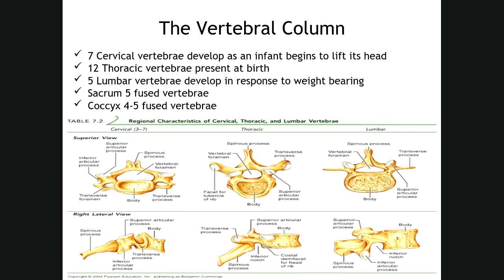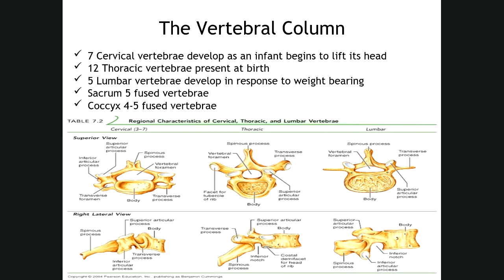As you see here in the picture at the bottom, the shape of each vertebra changes to reflect the amount of movement that is needed within that given section. The lumbar gets wider; there's a little less movement in the lumbar spine, so it needs more support, which is why it widens.